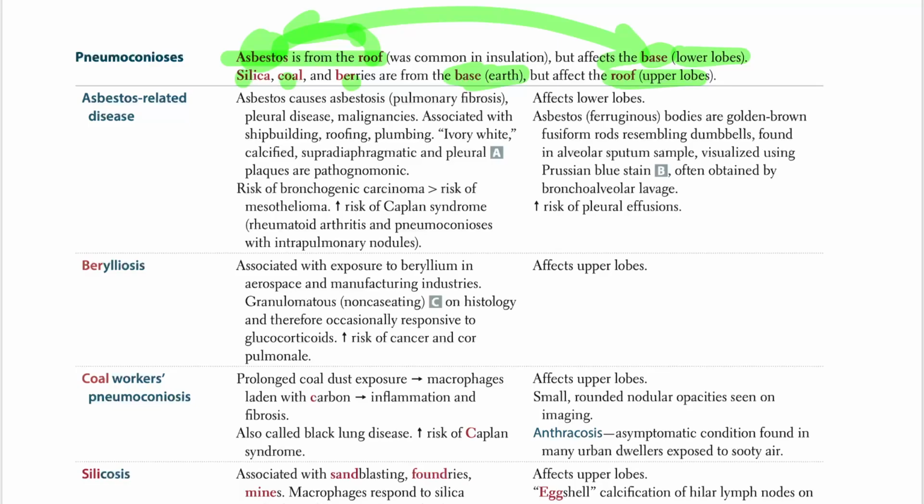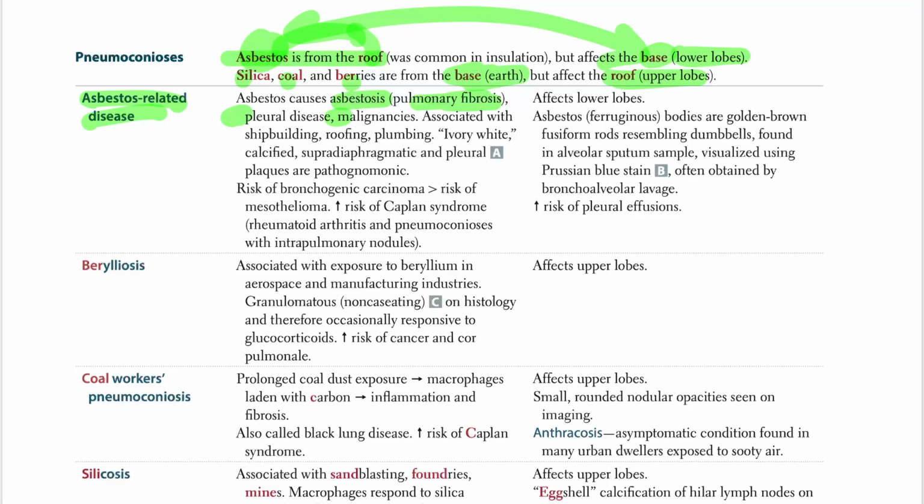The first one we have is asbestos-related diseases. Asbestos causes asbestosis, simply put pulmonary fibrosis, pleural disease, and malignancies. It is associated with shipbuilding, roofing, plumbing.